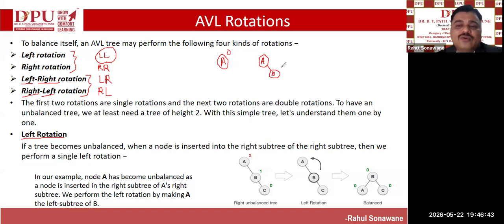Now B's balance factor is zero, and A's balance factor: the height of the left subtree is 0 and the height of the right subtree is now 1. So I can say it is minus 1, or you can keep it as an absolute value, but for the sake of simplicity I write negative, minus 1.